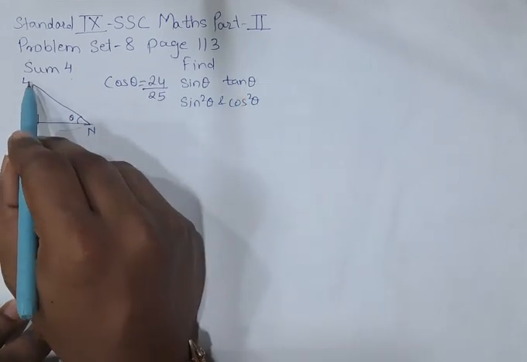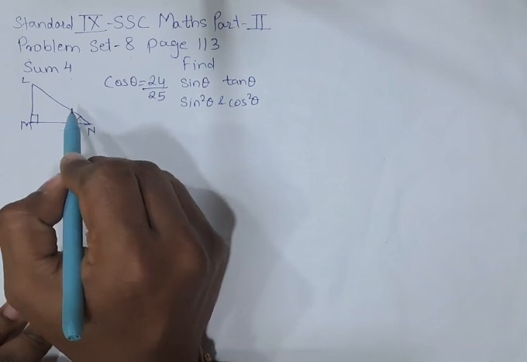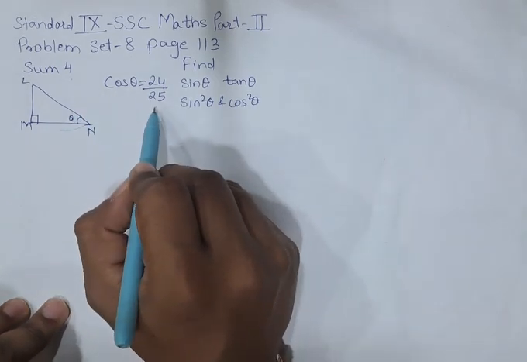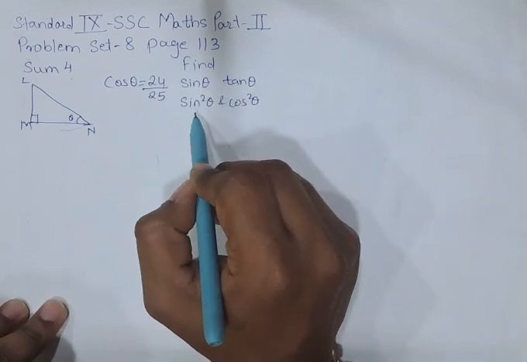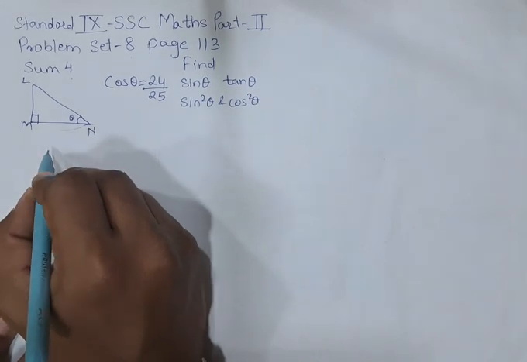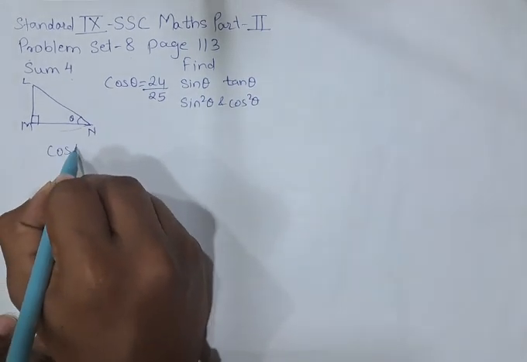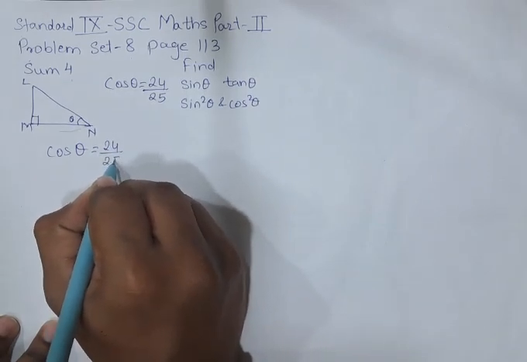We are given a right angle triangle LMN with angle N as theta. Cos theta is 24 upon 25, and we need to find sine theta, tan theta, sine square theta and cos square theta. So cos theta is equal to 24 upon 25.